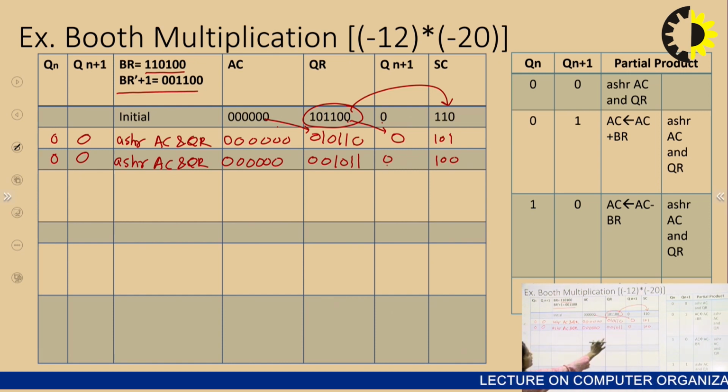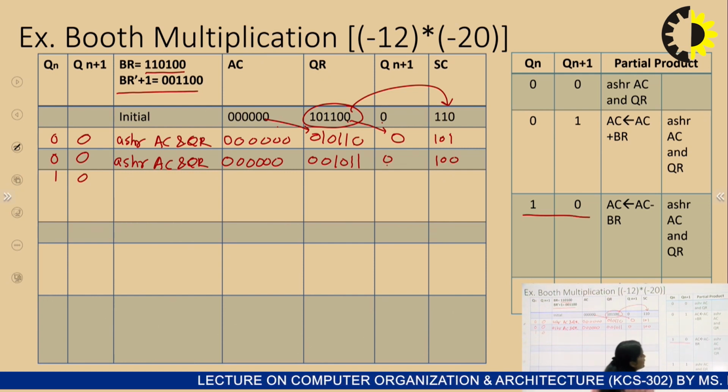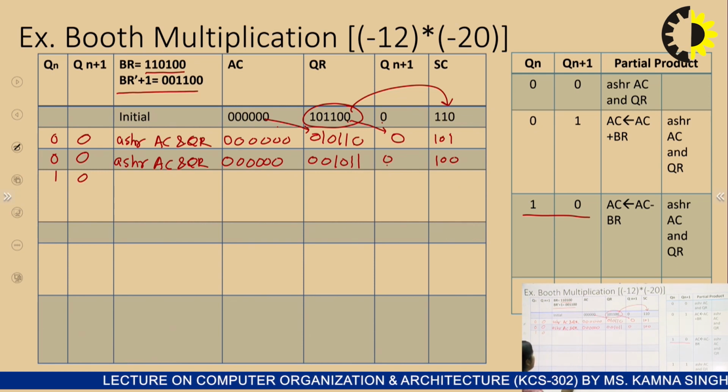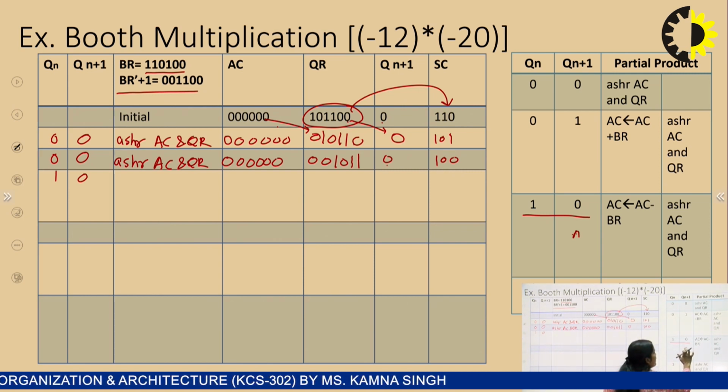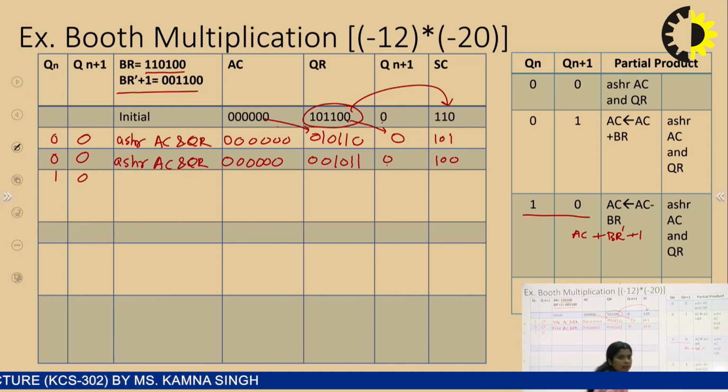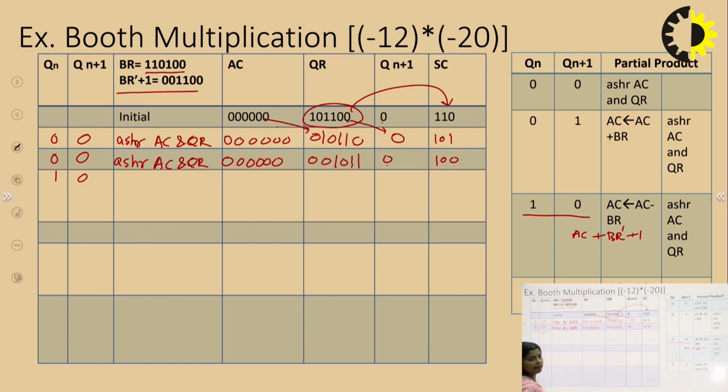After that, again check, there is a 1, 0. When the 1, 0 value is there, you have to apply AC minus BR. AC minus BR is actually what? AC minus BR means AC plus BR complement plus 1, the 2's complement. BR complement plus 1 value I have given.